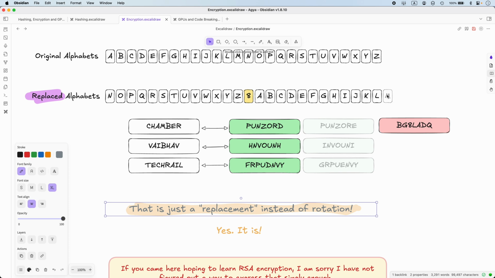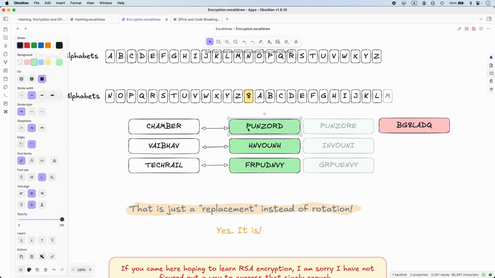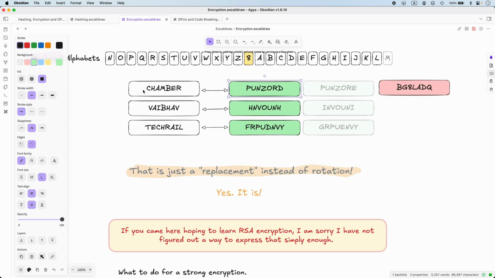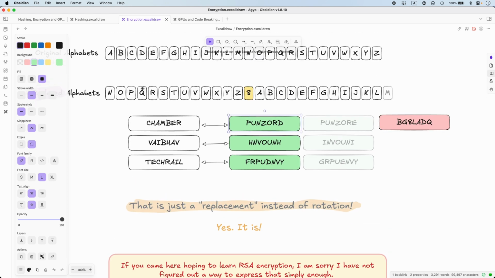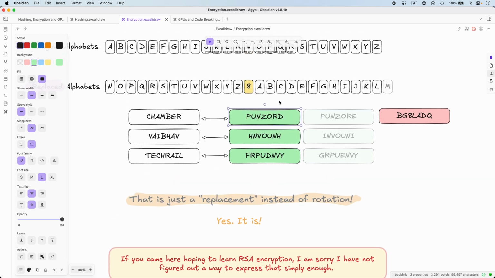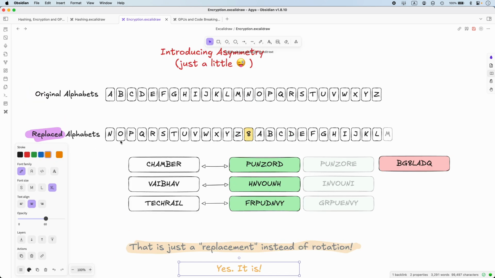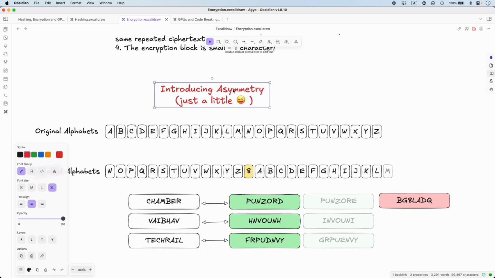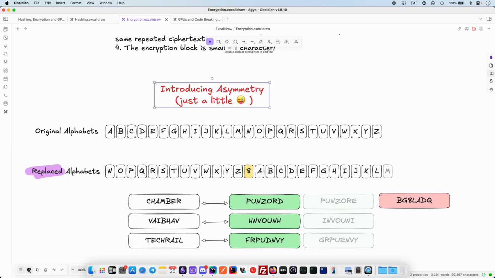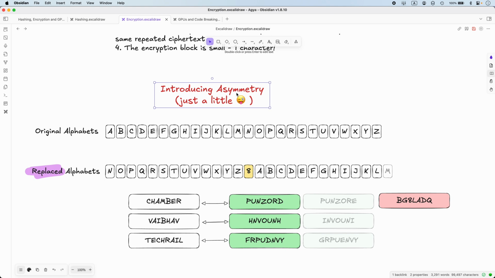I mean, if you learned the mapping that, okay, every P is going to become something, I think I have not created the mapping again, but there will be one, right? And this is more of a replacement instead of rotation. And that's it. This replacement instead of rotation becomes a little bit of asymmetry.